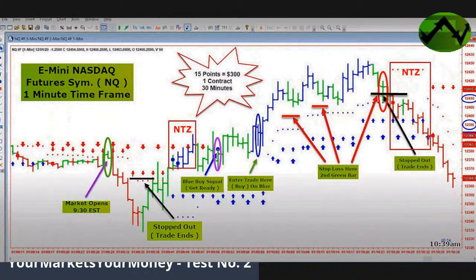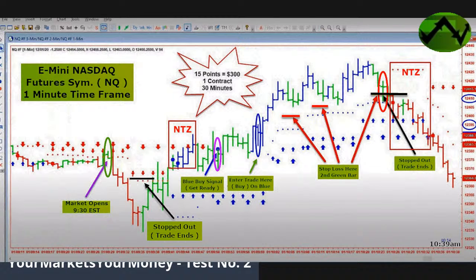Okay, you got a green bar here, a green bar here. After this green bar closes out, you're going to put your stop loss about 2 points below this bar. That's where you want to put it. So you got 3 greens, blue, blue, blue, stay in, 2 more green bars.